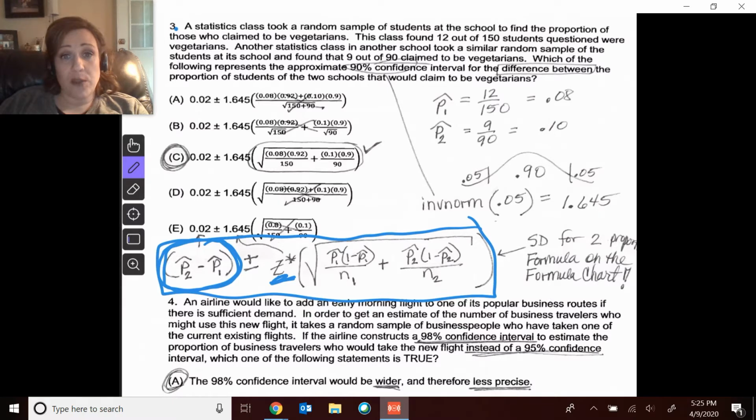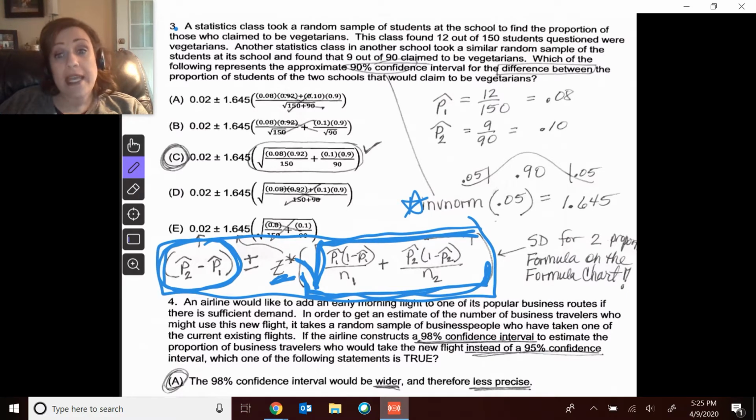And your critical value will be for 90% confidence, so inverse norm of 0.05. And then this is that standard deviation for p hat, so standard error. Now this formula, see, it's actually combining the variances and then taking the square root of that. So that right there actually is on the formula chart.